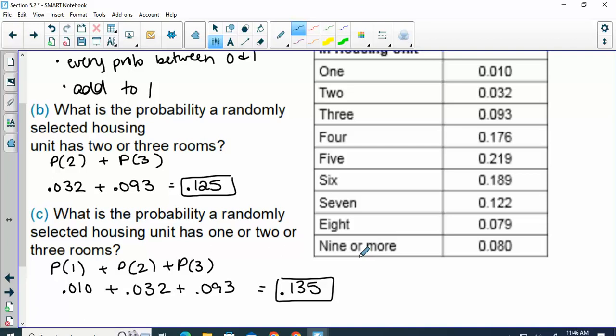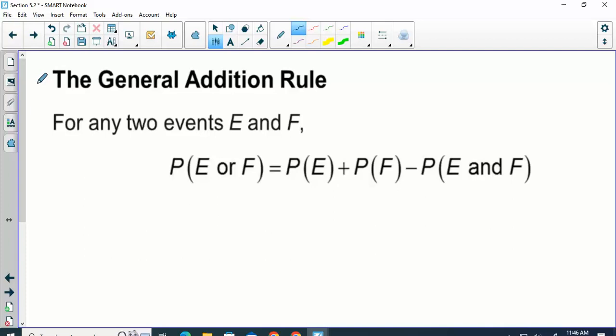So how would I fix that if I've double counted them? Subtract the people that were double counted. Okay. We would have to subtract off the ones that got double counted, so we had an accurate probability. So that's our general addition rule. So if it's disjoint and they have no overlap, we can just add our probabilities together.